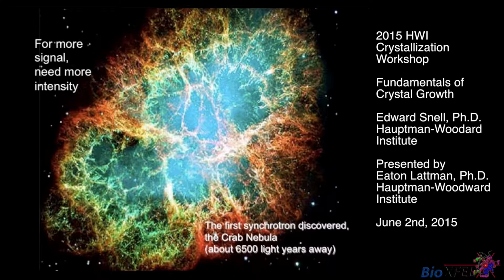this is a picture of the Crab Nebula, in which very energetic electrons interact with powerful magnetic fields, undergo strong accelerations, and radiate in the X-ray region. It's an example in the universe of synchrotron radiation, something we want to harness in the laboratory.